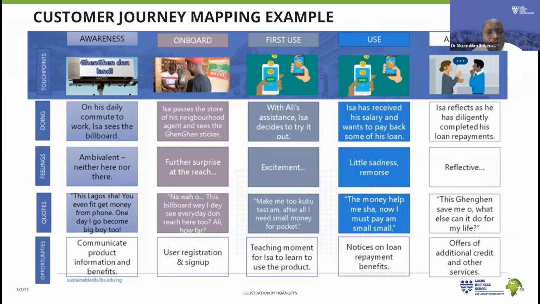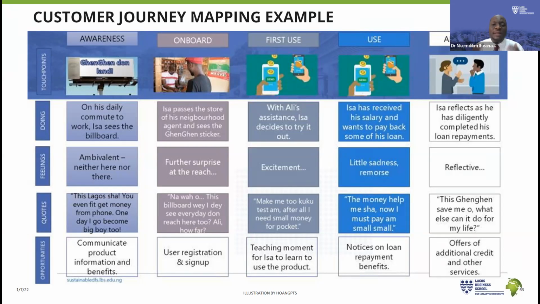Now let's look at sustained use. Sustained use is that Issa receives his salary and wants to pay back some of his loan. Now, the feeling here is a little bit of sadness and remorse because, of course, the person's cash is depleting. I mean, I don't like spending money. I don't know if anybody does. But whenever my money depletes, I feel a little sad.